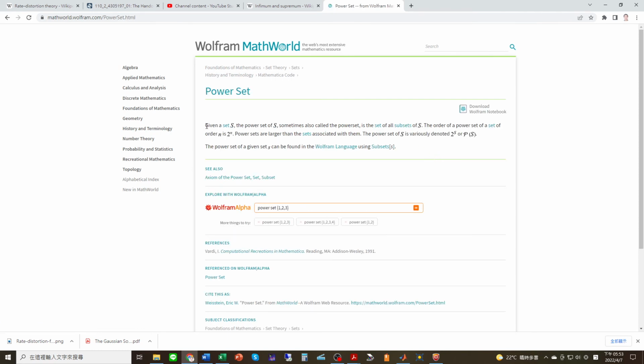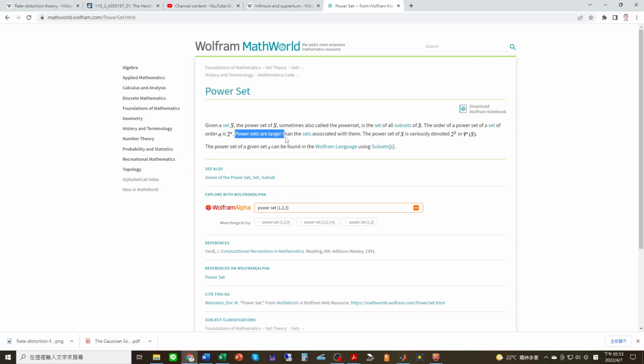Given a set S, the power set of S is the set of all subsets of S. The order of a power set of a set of order n is 2 to the power n.